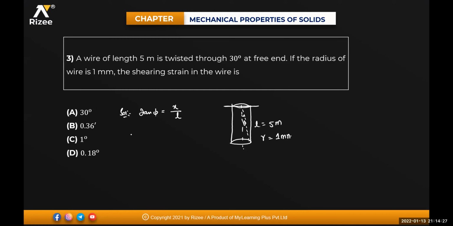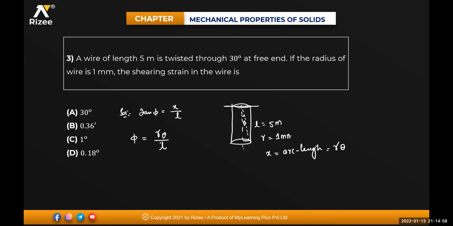Now see here, as the angle is very small, phi will be equal to x. X will represent the arc length, beta. So arc length will be equal to how much? R into the angle made by that one, say for example some theta. So it is R into theta divided by L. Shearing strain will be equal to R into phi divided by L. So what is theta, beta?